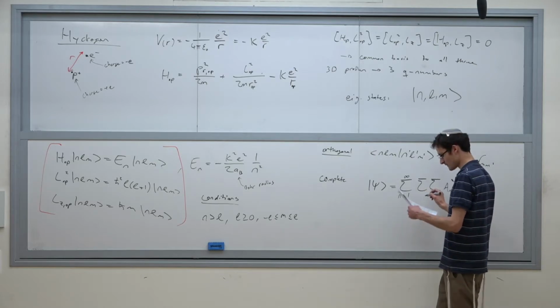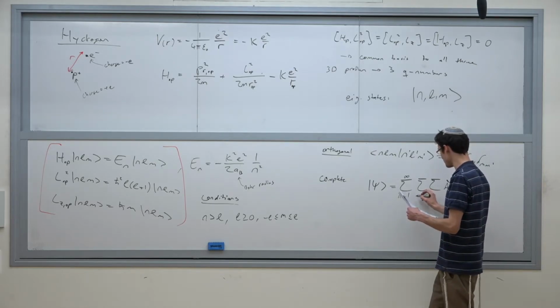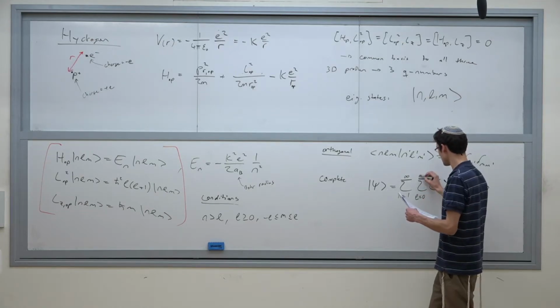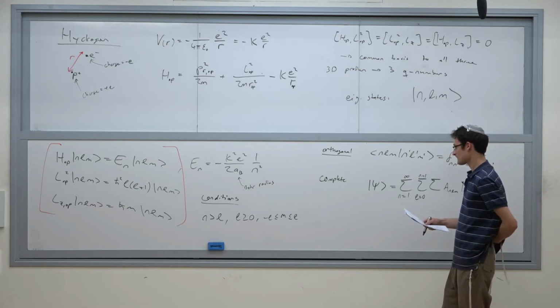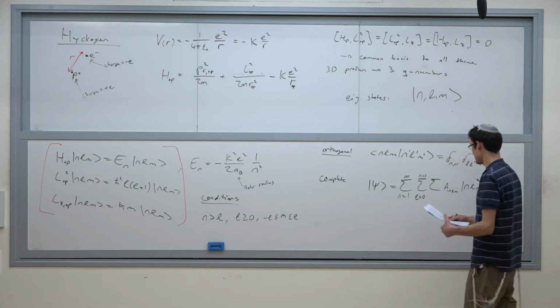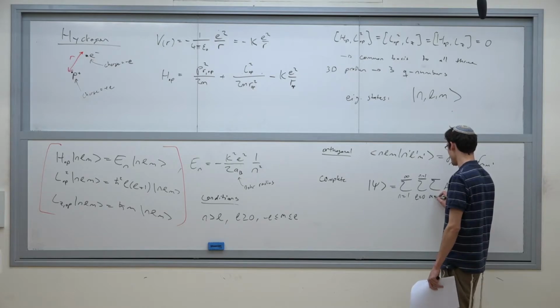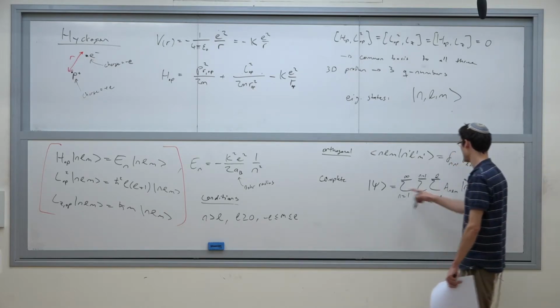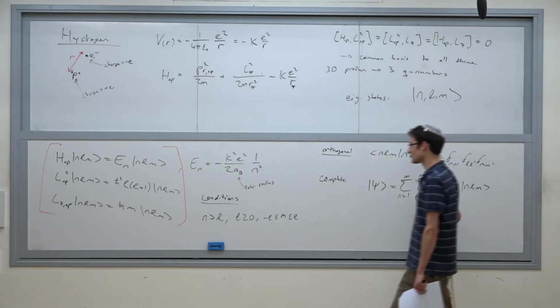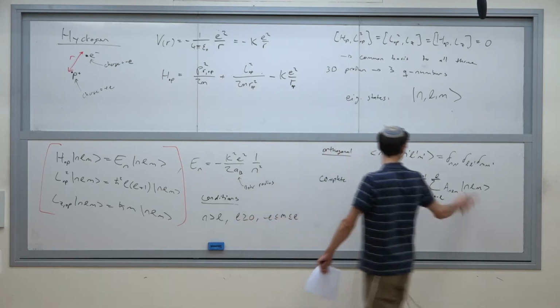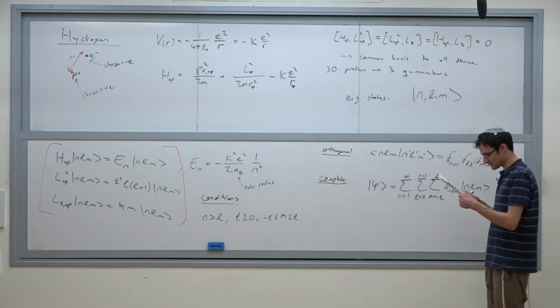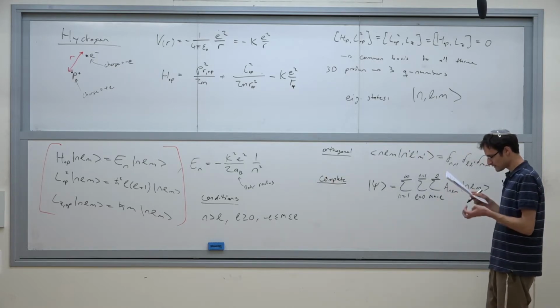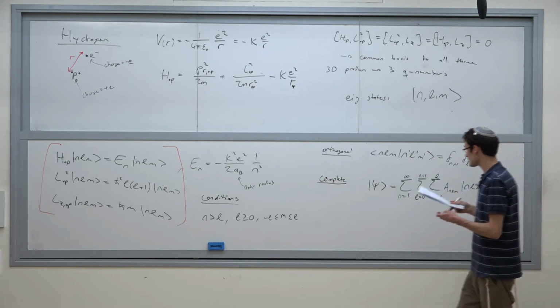Then we sum for L from 0 till n minus 1, and then we sum m from minus L to plus L. So the borders of the sums are obvious from the conditions. And this is just a statement that this is a complete basis. Nothing new about that. We've seen it many times before.